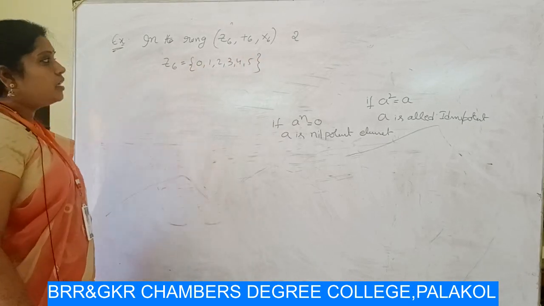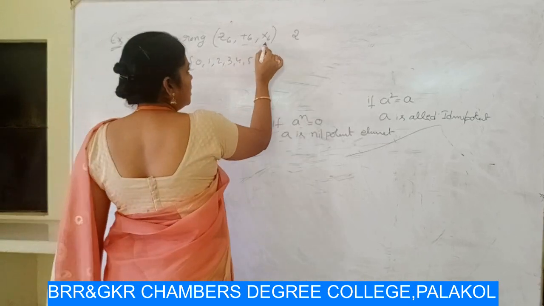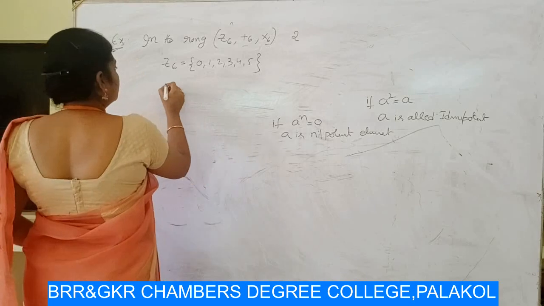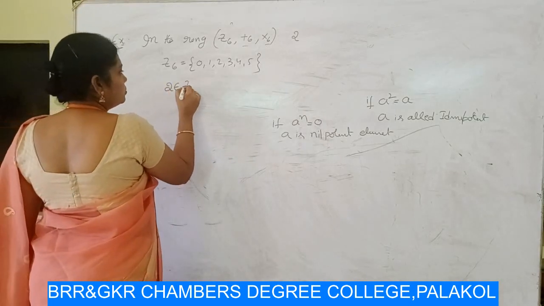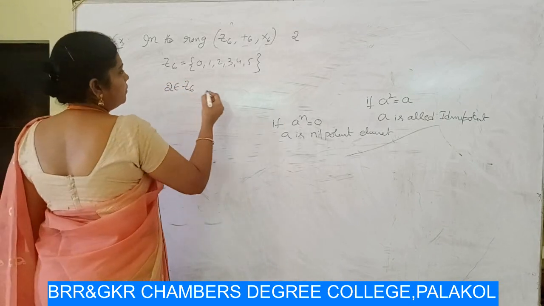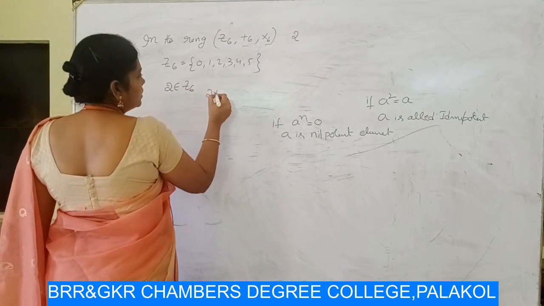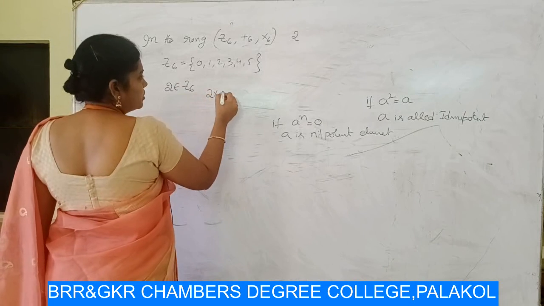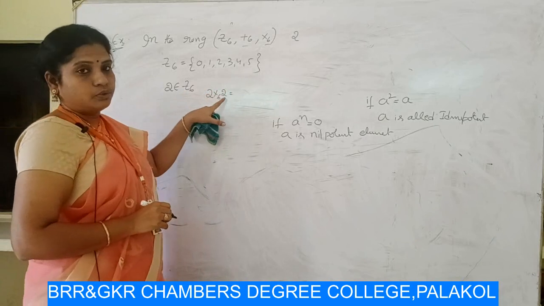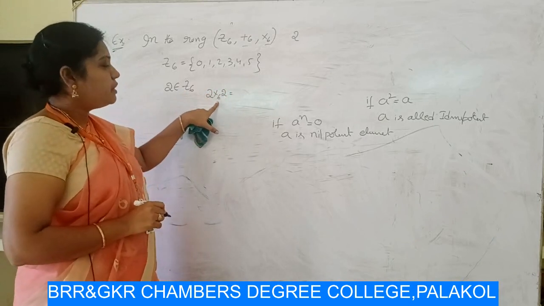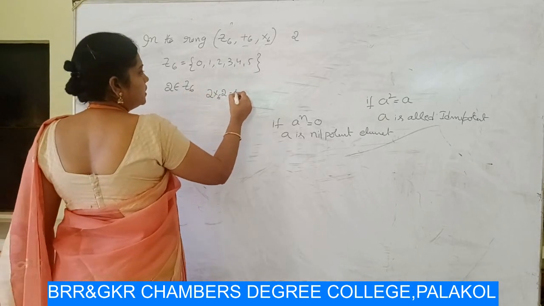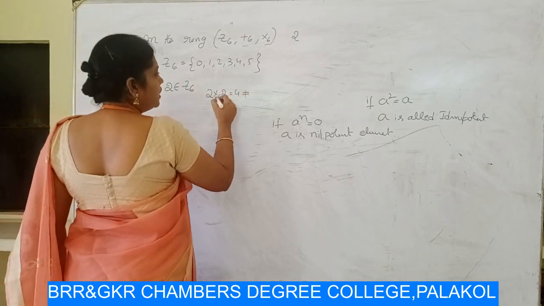If we take 2 belongs to Z6, then 2 multiplication modulo 6 with 2: 2 times 2 is 4, divided by 6 we get remainder 4, that is not equal to 2.